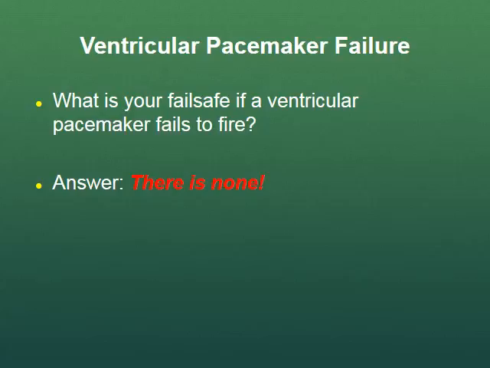Well, if those fail to fire, then our ventricular pacemaker is our last bet. Its natural firing rate is 20 to 40 beats a minute. It's that last fail-safe if nothing else fires. So the question: what is your fail-safe if a ventricular pacemaker fails to fire? There is none. Your fail-safe is death, and you're dead.